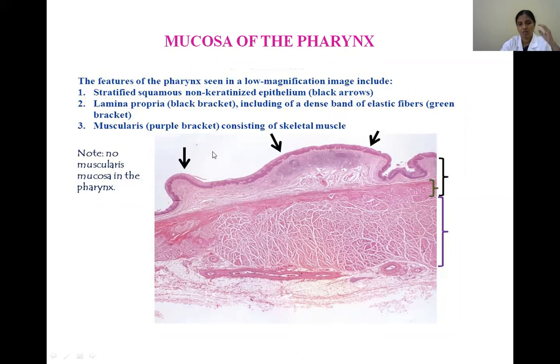But the uppermost part, the nasopharynx, is lined by respiratory epithelium, as it is functionally related to the respiratory system. Beneath that is the lamina propria, and the muscularis mucosa is absent.